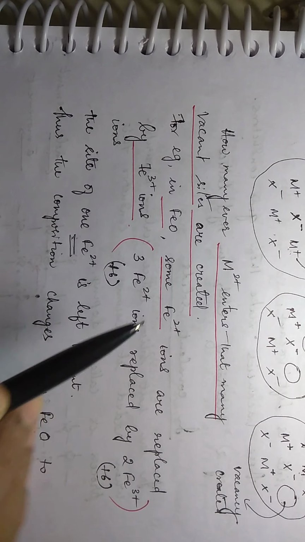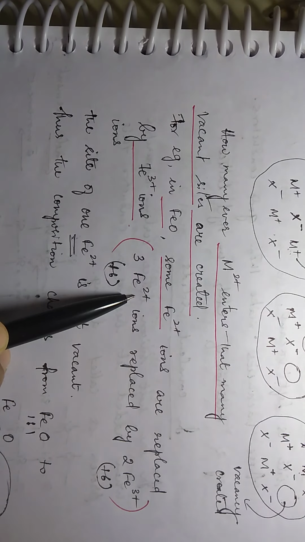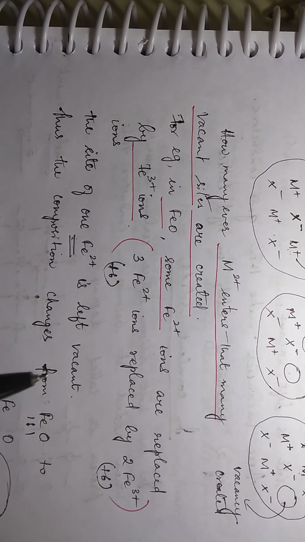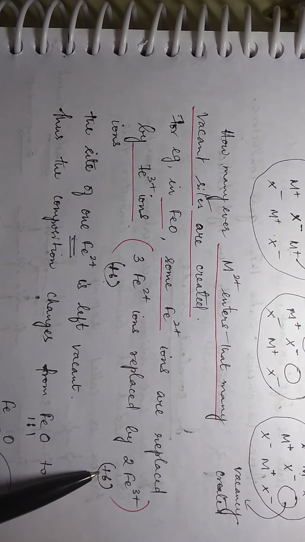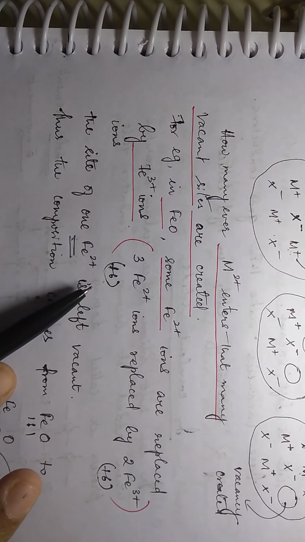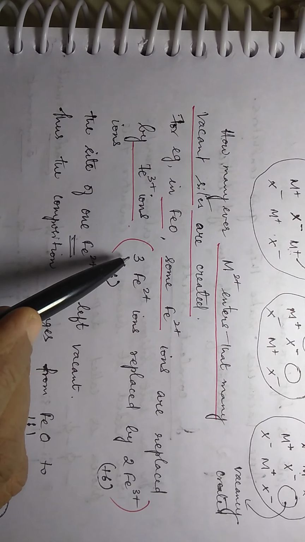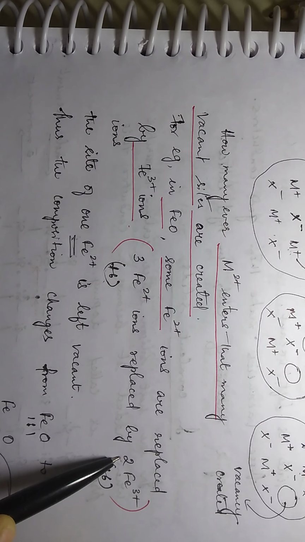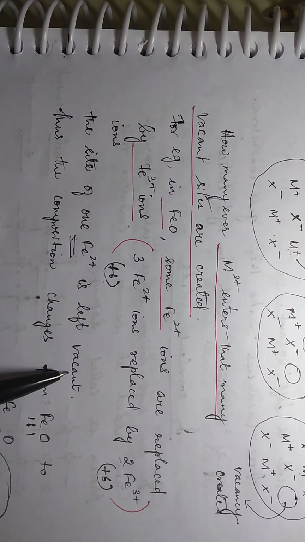So here you can take an example: if 3 Fe2 plus ions are leaving the site, then they will be replaced by 2 Fe3 plus ions and one vacancy will be created, because 3 into 2 is plus 6 and 2 into 3 is again plus 6. So electrical neutrality is maintained. Plus 6 has gone, plus 6 has also come in. Okay? Here there were 3 Fe2 plus ions. Now that is replaced by 2 Fe3 plus ions. So there will be one vacancy created. The site of one Fe2 plus will be left vacant.